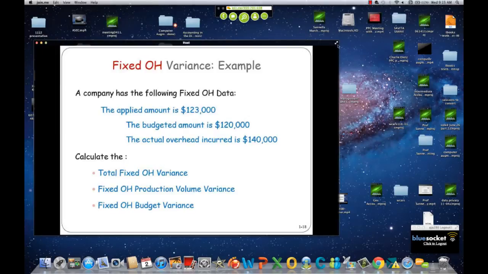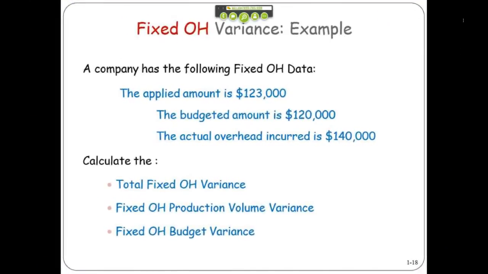This is your actual. This is your budget. And this is your applied. What's this variance here? Which one is this? The production volume. So this is your production volume variance. 33,000 over applied.